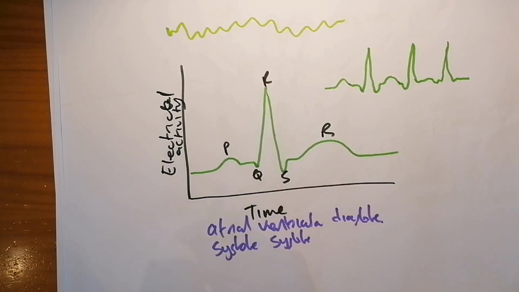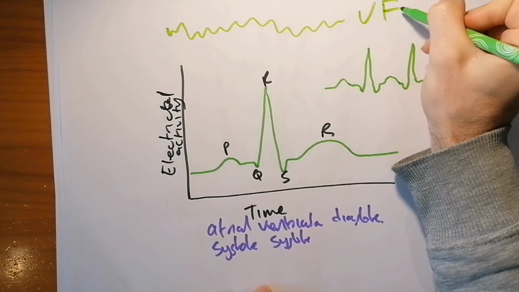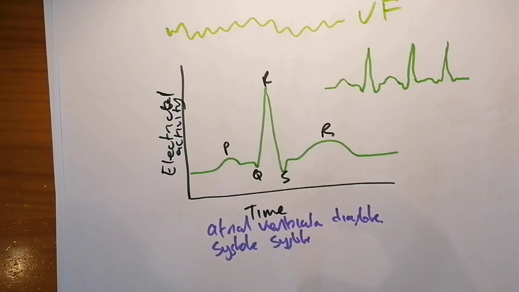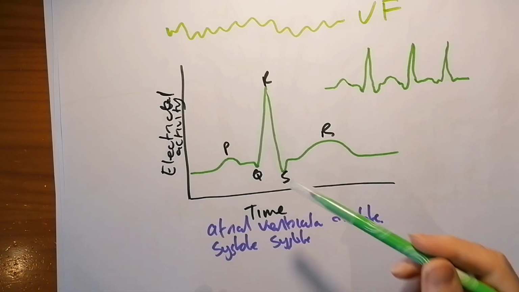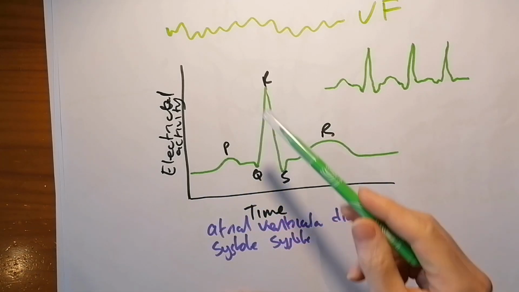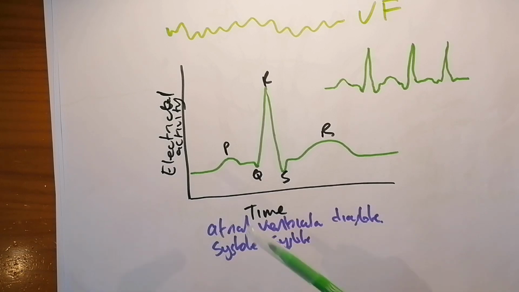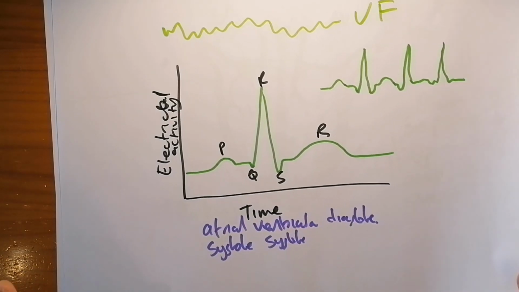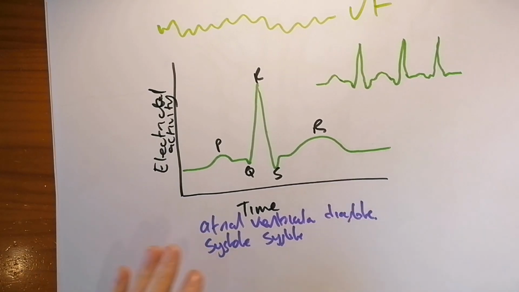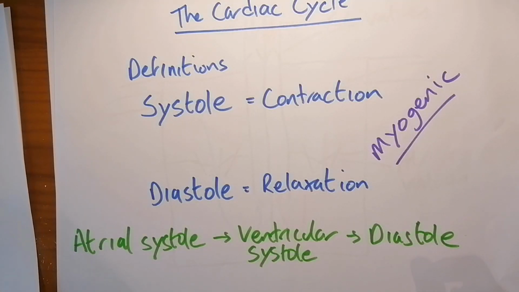Ventricular fibrillation can be stopped by a defibrillator. That's what the word means. And so these ECG tracers can tell medical professionals if you're asystolic or if you're in VF, and they all link back to the cardiac cycle.